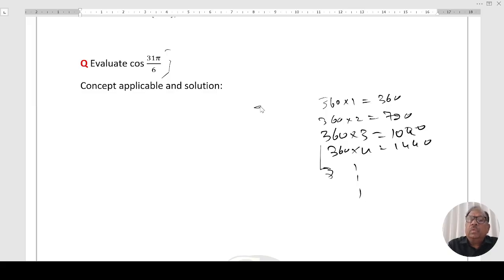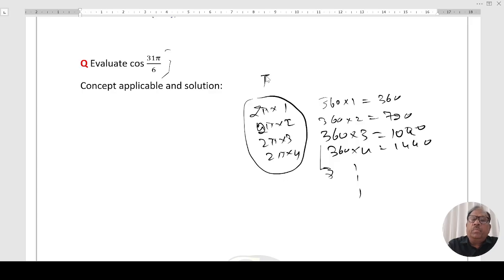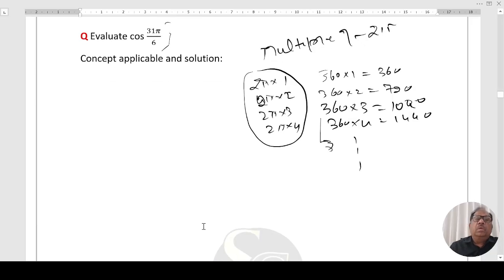That is 2 pi into 1, 2 pi into 2, 2 pi into 3, 2 pi into 4. Means multiple of 2 pi. Right?